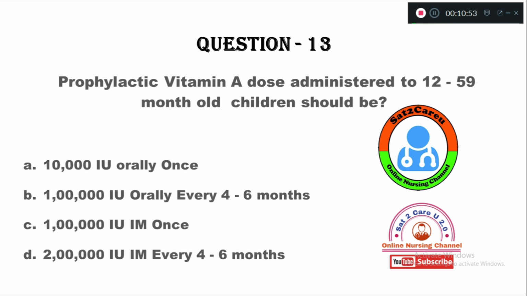Option C, 1 lakh international units through IM route only one time. Option D, 2 lakh international units intramuscular every 4 to 6 months. So for a child of 12 to 59 months, the dose and route, option D, 2 lakh international units intramuscular every 4 to 6 months, is right.